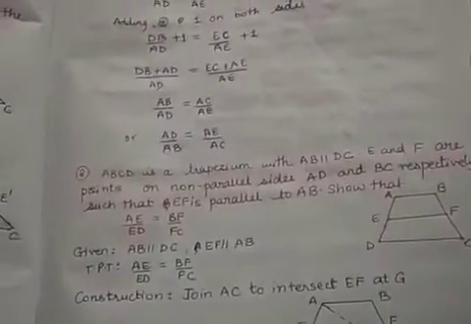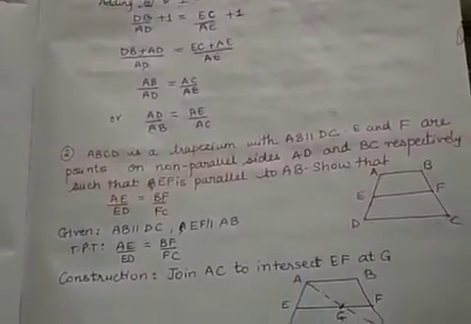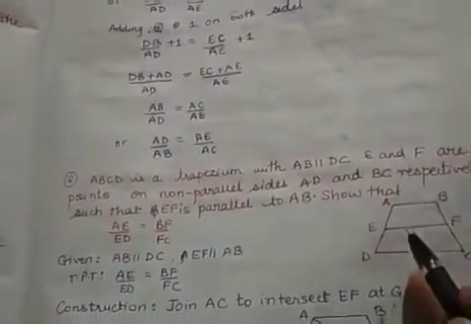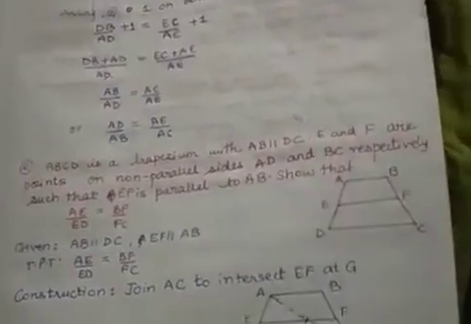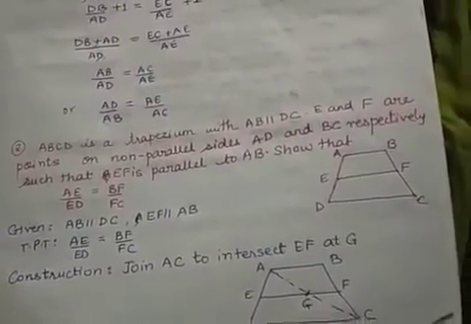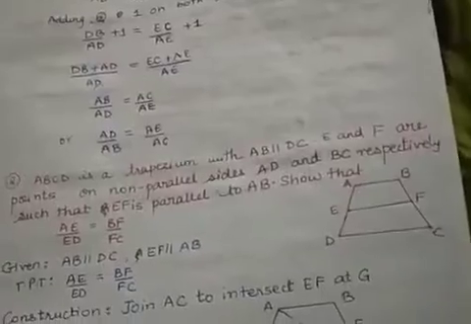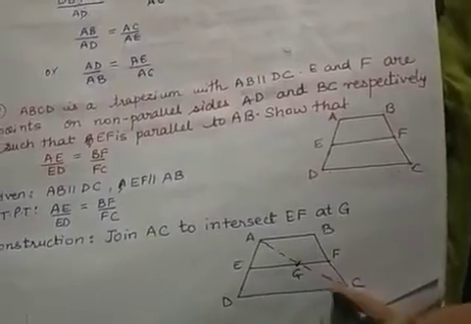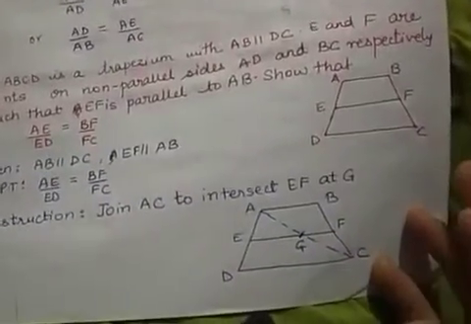Either you have one triangle or two triangles, so that you can compare and use the basic proportionality theorem. You already have learned that if you want to convert a given quadrilateral into triangles, you draw diagonals. One diagonal gives you two triangles, correct?